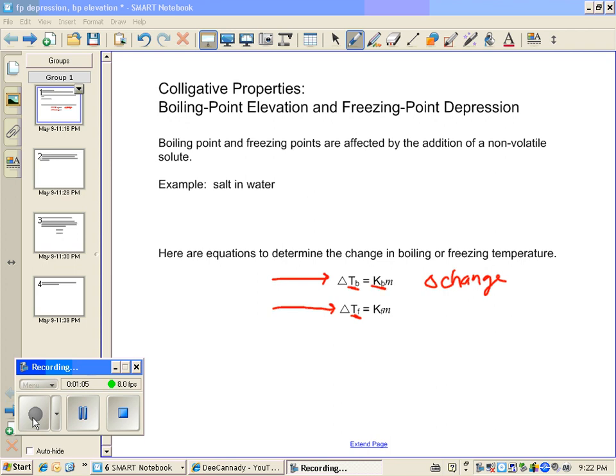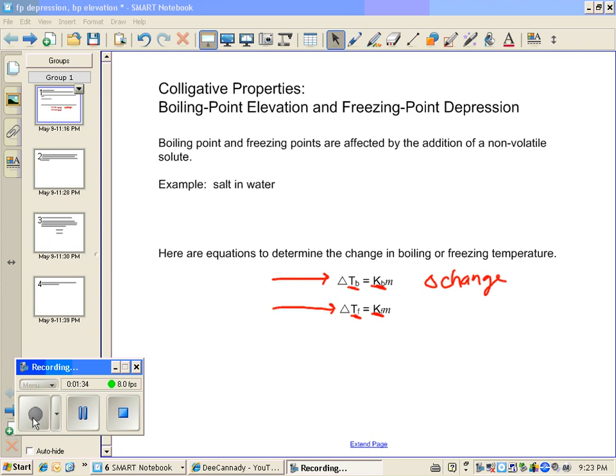KB is the boiling constant. KF is the freezing constant. And you should know already from previous lessons that the little italicized m stands for molality. It's basically the same equation, but depending on whether you're doing boiling point or freezing point, then you'll use that one.